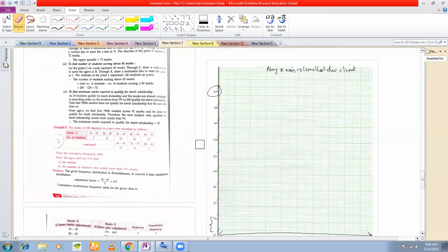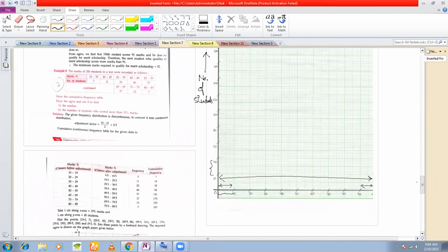So you'll give your label here, number of students. This is your cumulative frequency, number of students, and this is your marks.